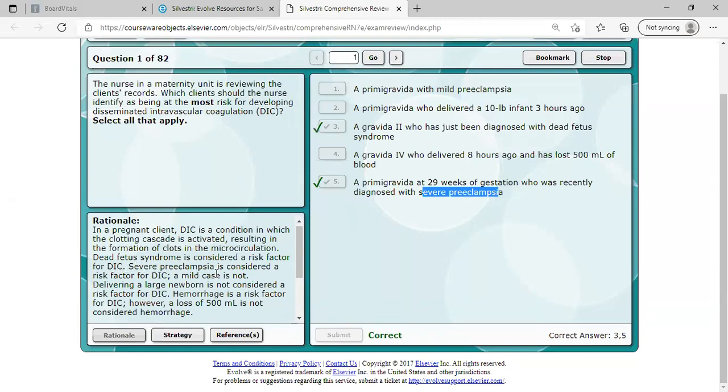Severe preeclampsia is considered a risk factor for DIC. A mild case is not. Delivering a large newborn is not considered a risk factor for DIC. Hemorrhage is a risk factor for DIC. However, loss of 500 ml of blood is not considered hemorrhage. Next question.